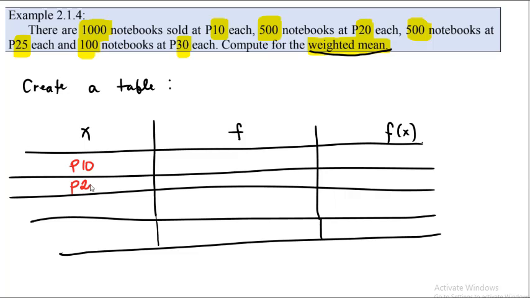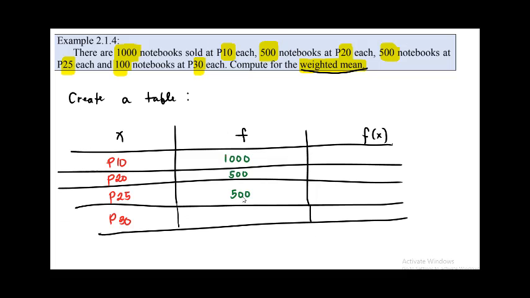For x, we have 10, 20, 25, 30. And for the frequency, 1,000, 500, 500, and 100. fx means we are going to multiply the frequency and x together.